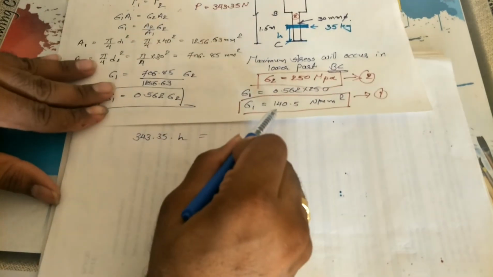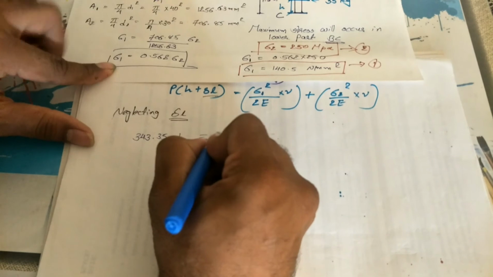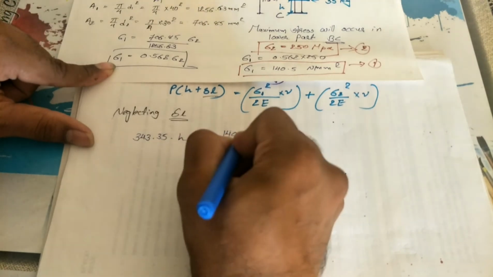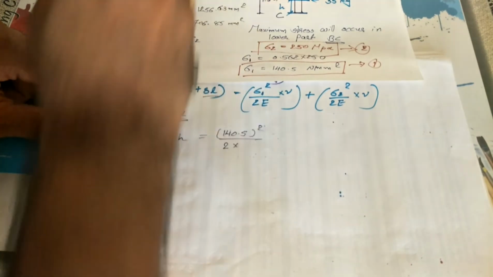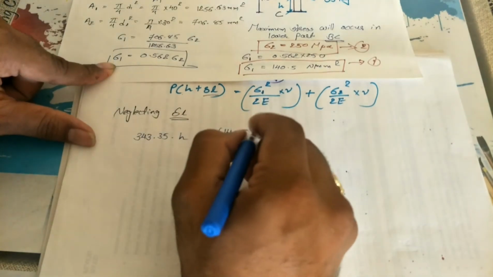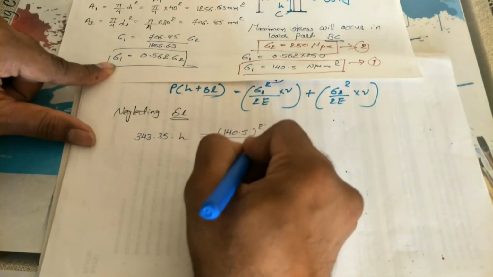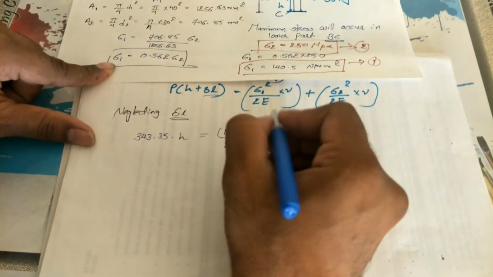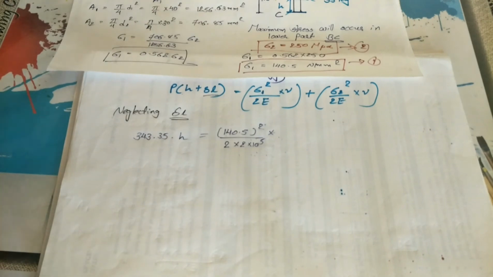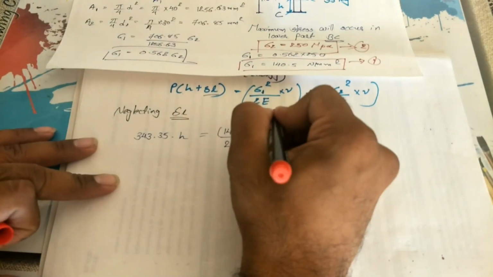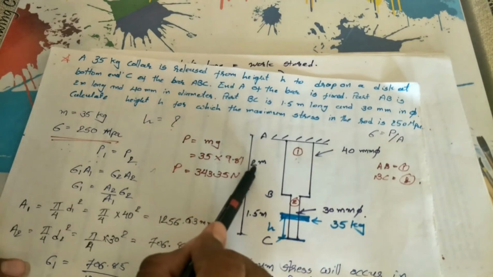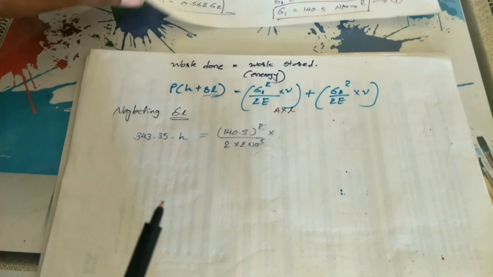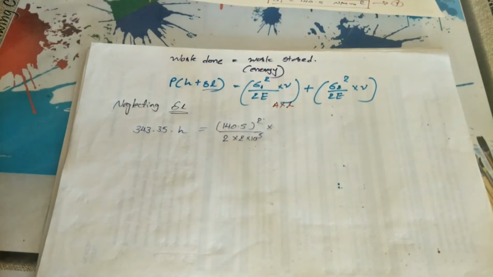So sigma 1 is 140.5, so 140.5 whole square divided by 2 into E. It is not given in the question, but we have assumed 2 into 10 raised to 5, the common value of your modulus of elasticity, into V. Now what is V? V is the volume of the first portion, ultimately area into length, A into L. So the area is 1256 into L, which is given as 2 meters, so we need to take 2000 mm.